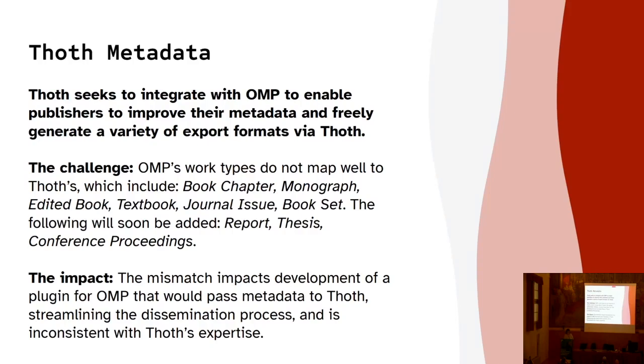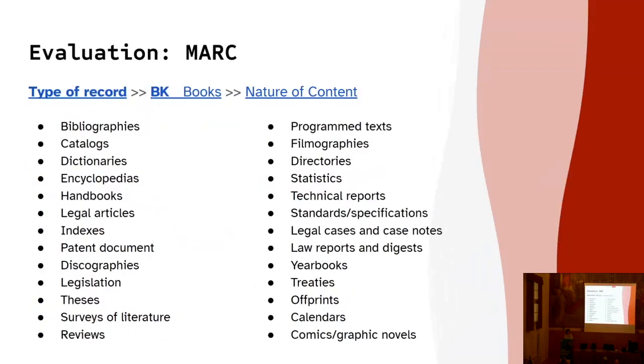We decided to look into how other people were handling this, because it's not a problem that's isolated to our 2 systems or our attempt to integrate them. So I set out to do some evaluation of a few different approaches to categorizing books by work type. I won't run through all of the ones that I looked at, but I picked out a few examples that I think really illustrate it.